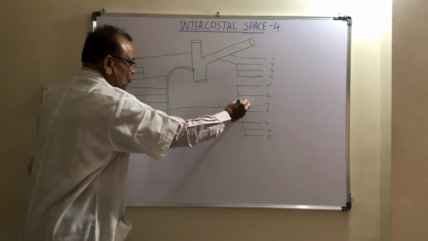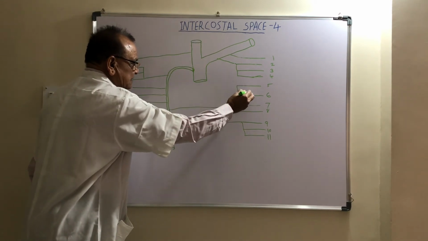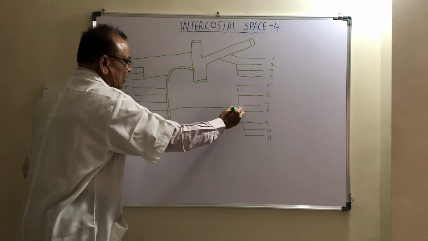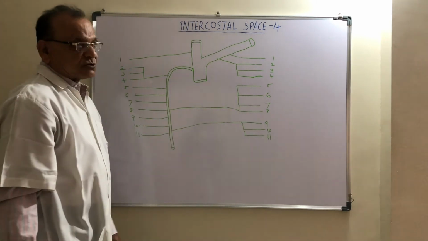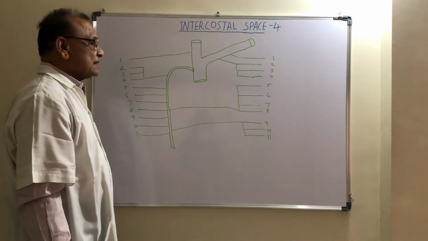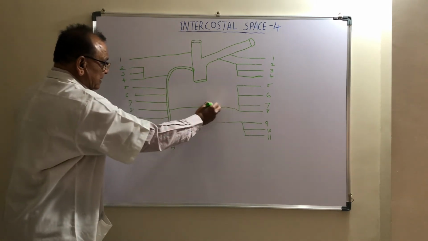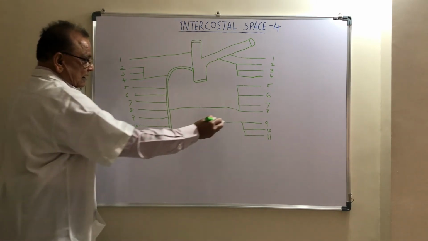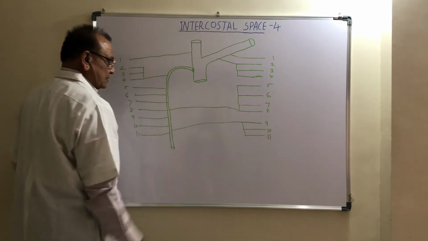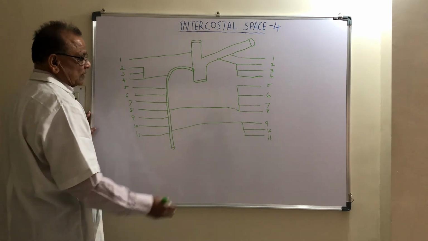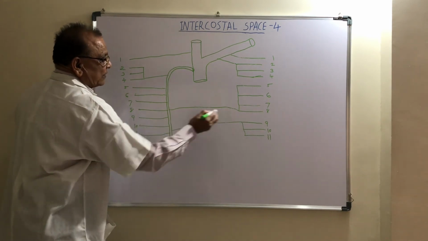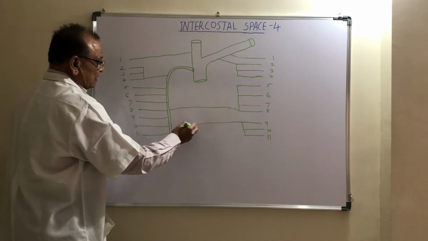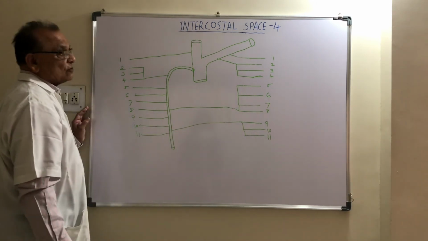The fifth, sixth, seventh and eighth unite to form a common vein, and this common vein is called the accessory hemiazygous vein, and the accessory hemiazygous vein opens into the azygos vein. The 9th, 10th and 11th posterior intercostal veins of the left side unite to form a common vein. It is called the hemiazygous vein, and the hemiazygous vein opens into the azygos vein.